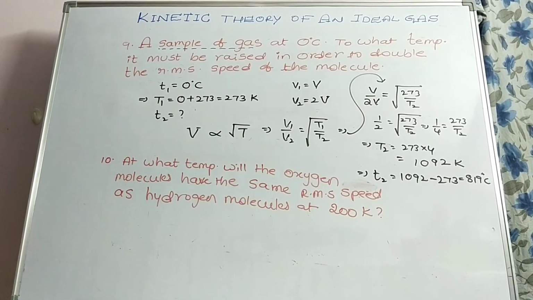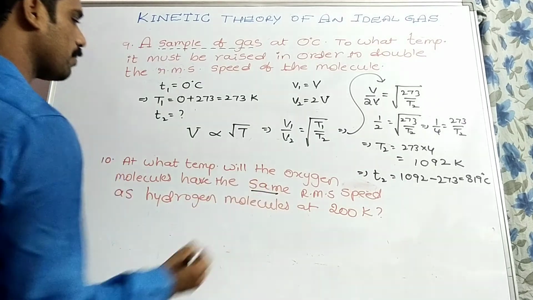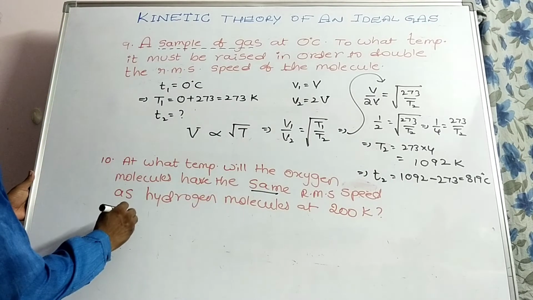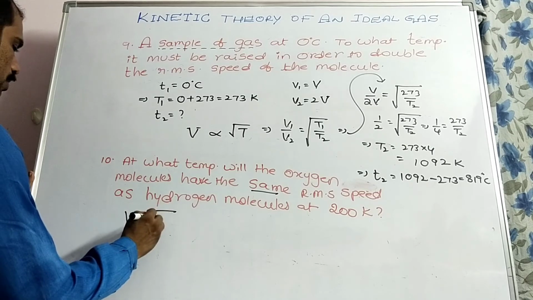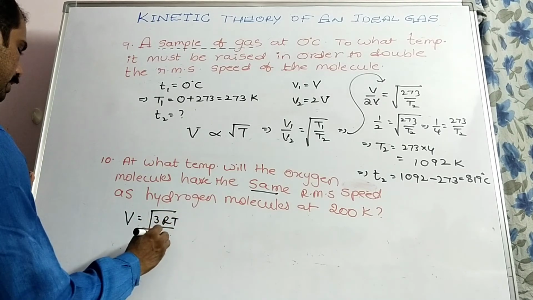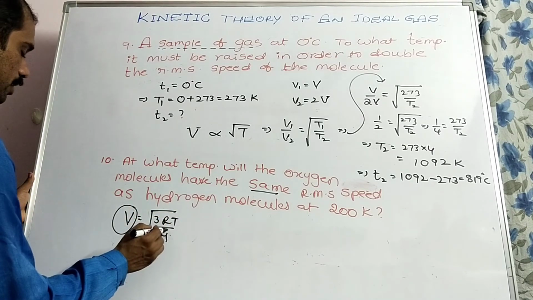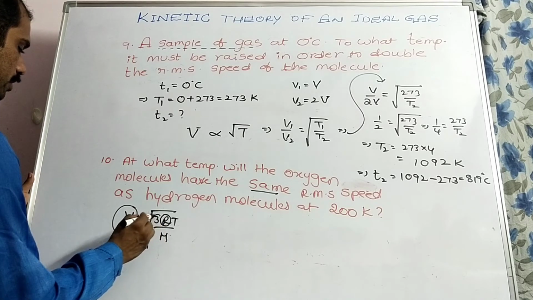At what temperature will the oxygen molecules have the same RMS speed as hydrogen molecules at 200 Kelvin? Here we are provided with different gases, so molecular weight will be there, and we have to find the change in temperatures, given the same RMS speed. V is equal to root of 3RT by M. Here V is constant, R is constant, 3 is constant.